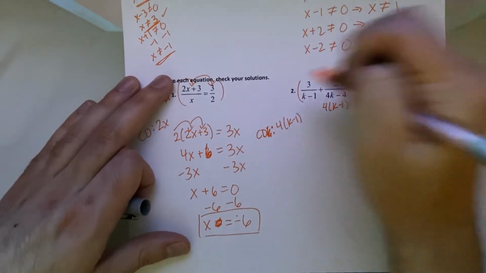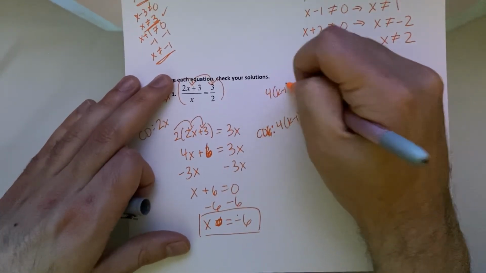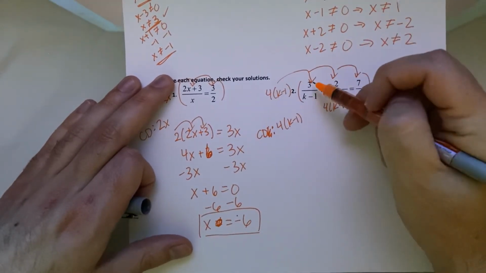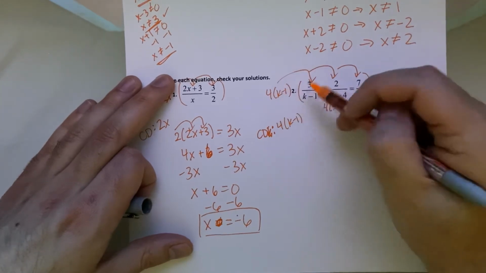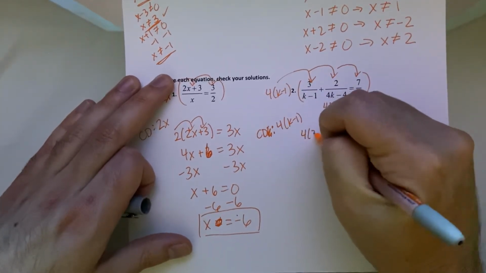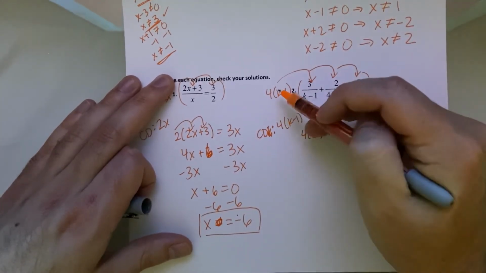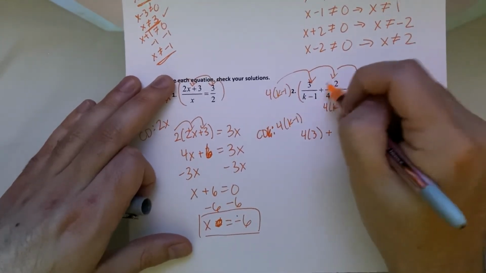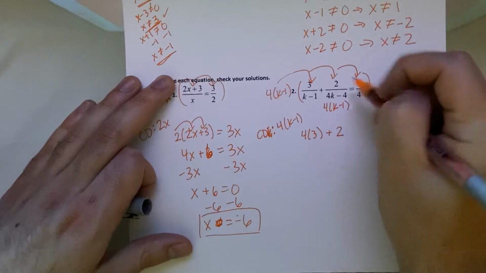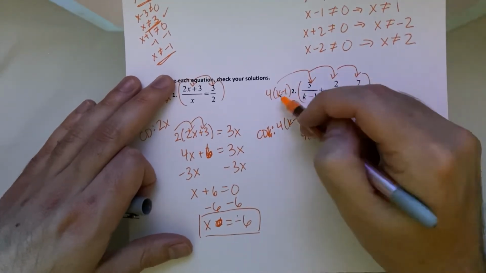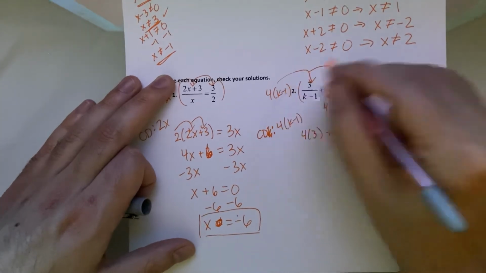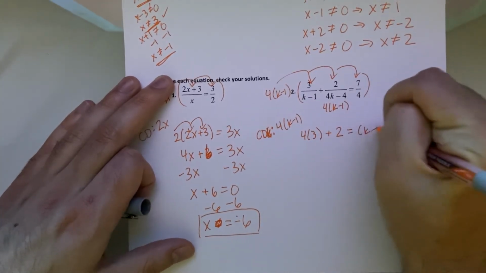When I multiply all of these by 4 times k minus 1, the first fraction has the k minus 1 but is missing the 4, so it'll be 4 times 3. The second fraction has both the 4 and the k minus 1. They will reduce to 1, and the only thing that will survive is the 2. The last fraction has the 4, doesn't have the k minus 1, so the 4's reduce, k minus 1 times 7.